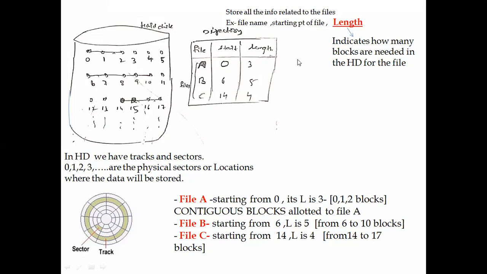So all this information is stored in the directory, namely the file name, the starting point of the file or record, and the third field, the length of the record. Let's consider a simple example.